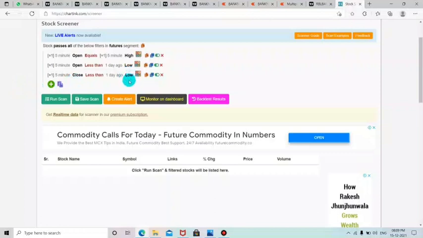So this denotes that the 9:15 candle should be below the previous day low. Okay, so this is the only scanner we are going to do here.